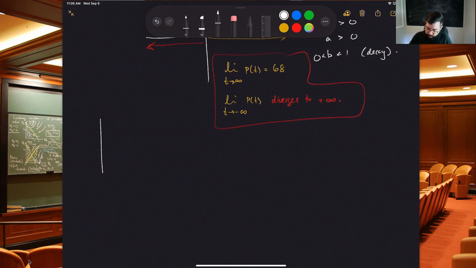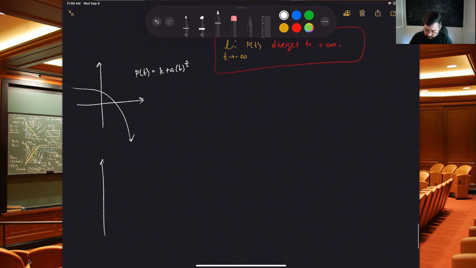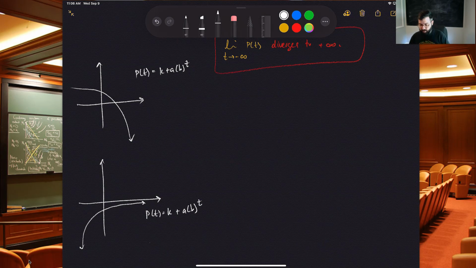Now, the two I want you to think about are when I have something like this. Let's draw that a little bit better. Something like this. P of t equals k plus a b to the t. And something like this. K plus a b to the t.